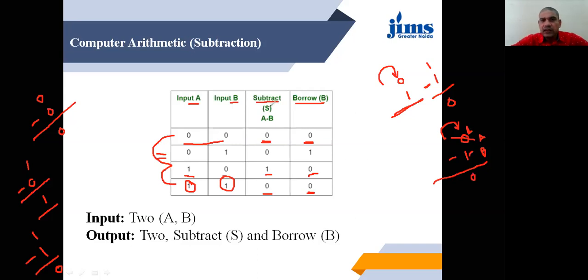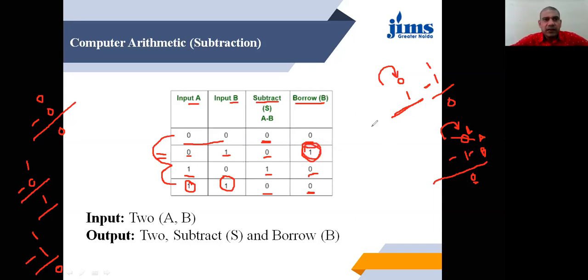So you can understand from here that in this case, when the input A is 0 and B is 1, meaning we have to subtract 1 from 0, then the subtraction value is 0 as we discussed over here, and we are taking a borrow from the next bit. So this happens in case of subtraction.